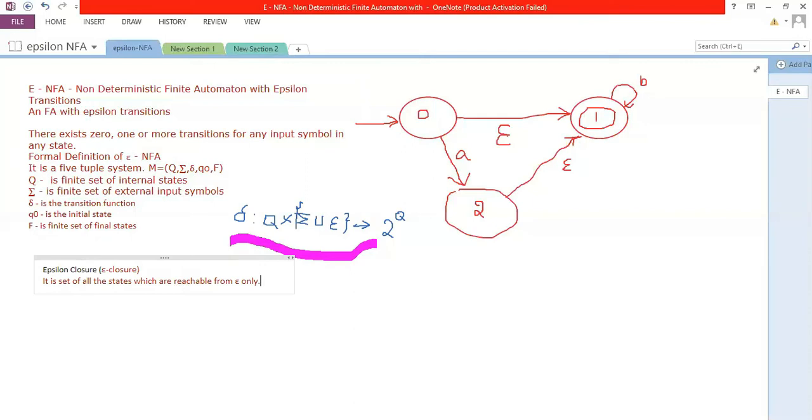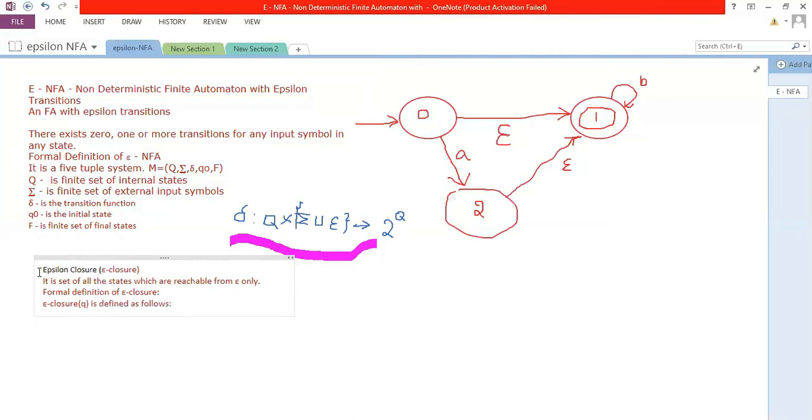It is the set of all the states. So there are two rules. Formal definition of epsilon closure: epsilon closure of Q is defined as follows.